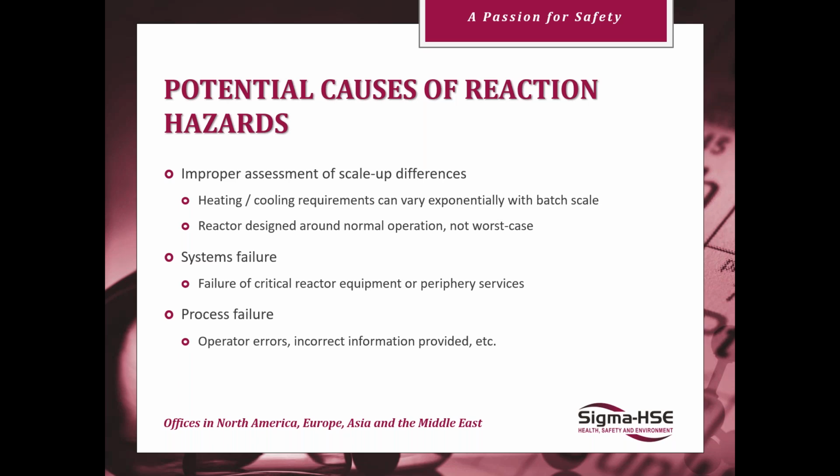The next can be systems failure, so failure of critical reactor equipment or peripheral services. It can either be a failure of the cooling system on the tank or even monitoring systems external to it, which mean that you might not be able to react to any changes. And also process failure. That can be operator errors, incorrect information provided; that all comes under process failure.